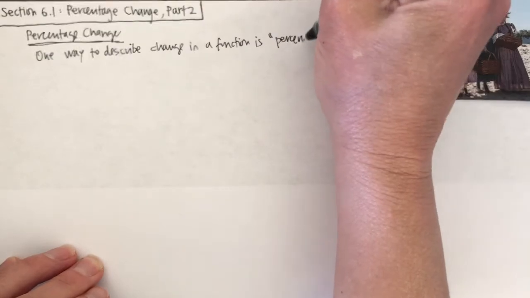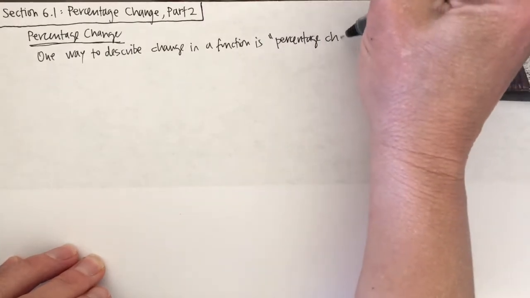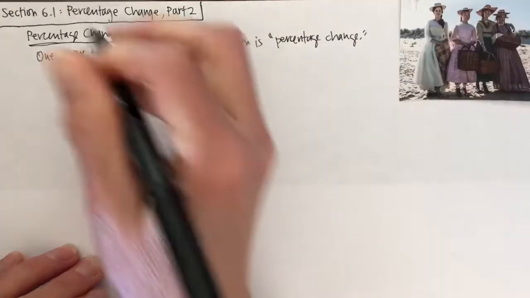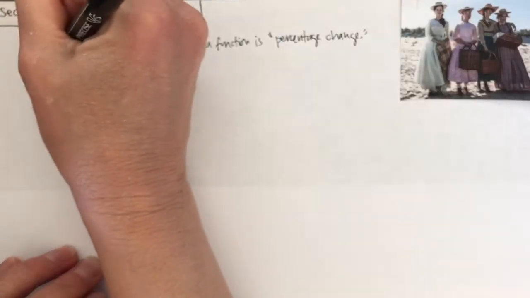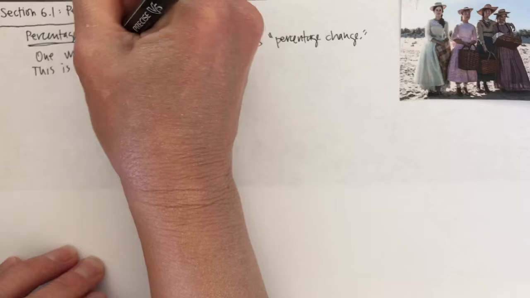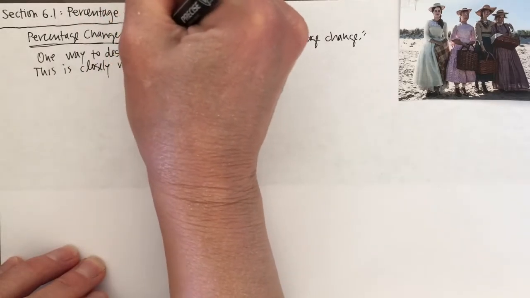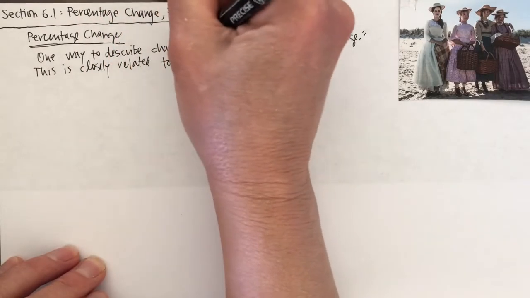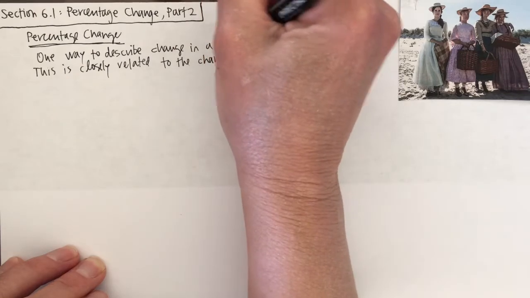We haven't talked about this yet, but this is a common way that you'll see a setup for a problem. This is closely related to the change factor, but it's not the same thing.